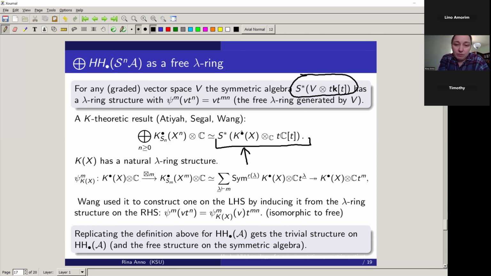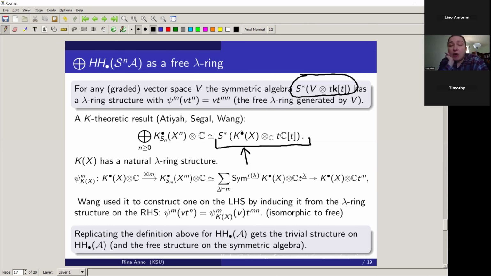Because basically we split the K-theory into eigenspaces for Adams operators, and then do a coordinate change. So rescale every space according to what there should be.